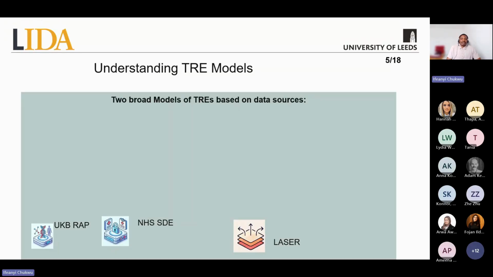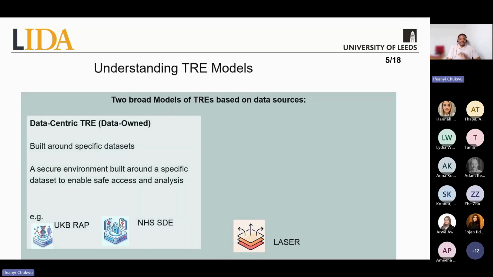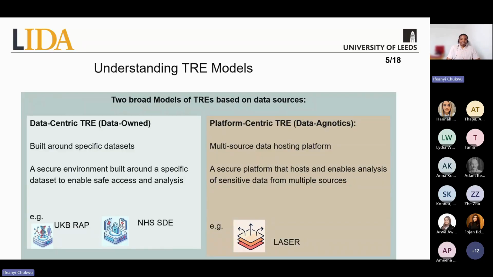So in my estimation, I've put 2 broad categories of TRE: one is data-centric TRE, and the second is platform-centric TRE. The data-centric TRE is a TRE that has been built around specific data sets.